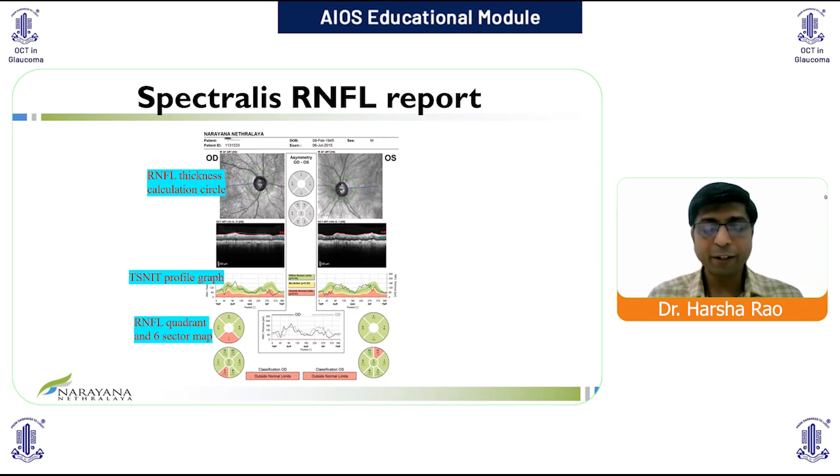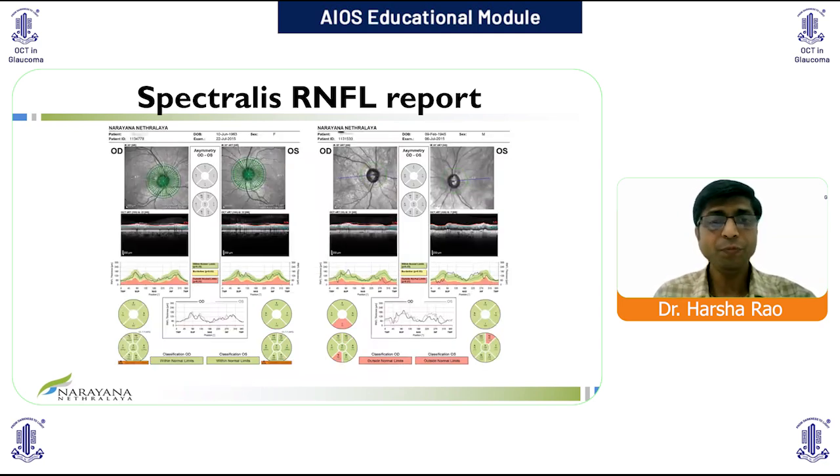Once again, not very different from what we saw with the other OCT machines. And all of them, once again, are color coded based on how similar or different the patient's RNFL thickness is compared to the age-matched reference database within the machine. There is also an overall classification which represents the average RNFL thickness classification.